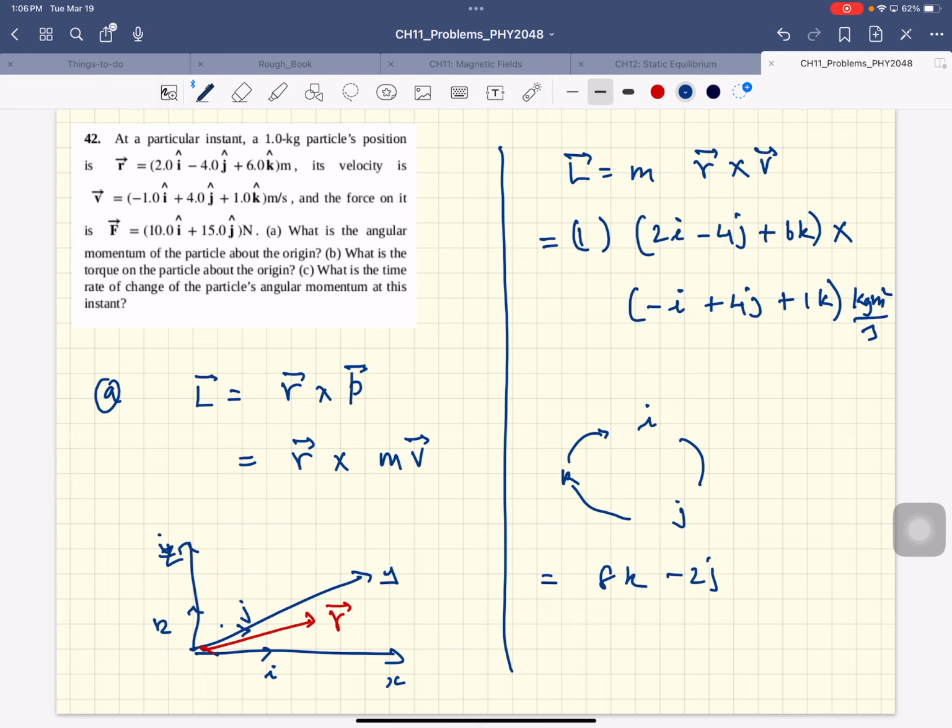Good with that? Karina, j cross i. Very good. So that's minus 4 times minus 1 is plus 4, but then you have a minus k, so minus 4k. You're on a roll, Karina.